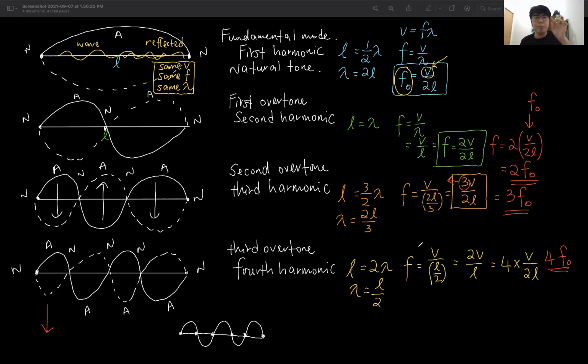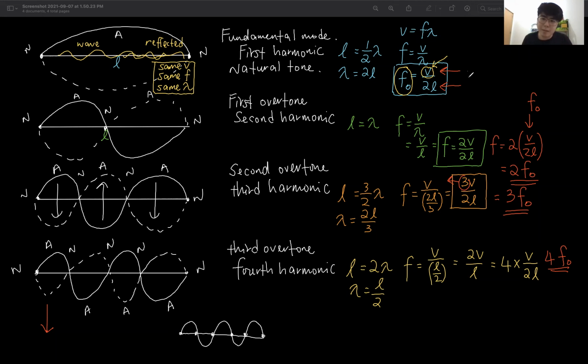Meaning that when you pluck the string, let's say you take one string and you pluck the string, and the string's fundamental frequency, F note, is based on the length of the string, because you can see this formula is based on what? The velocity and also based on the length, right? I can adjust the length to get the basic frequency. If I play the string, it gives me 100 hertz.